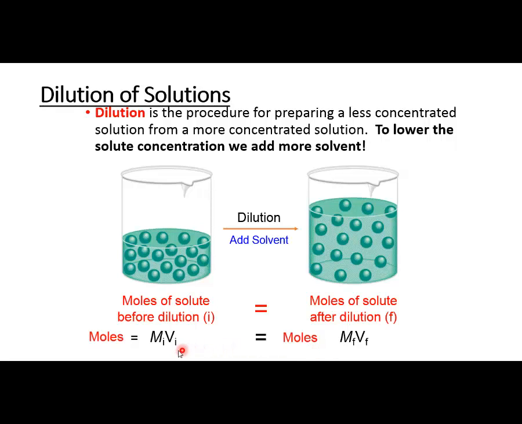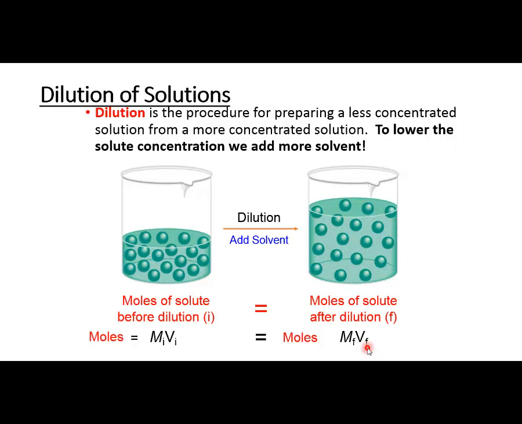Now, I sometimes write my initials as just 1, so you might see M1V1 equals M2V2 rather than subscript f's. If you see M1V1 equals M2V2, it's still related to these dilution processes, where the 1s are the initial molarities and volumes and the 2s are the final molarities and volumes. Those are the different ways we might express this equation.